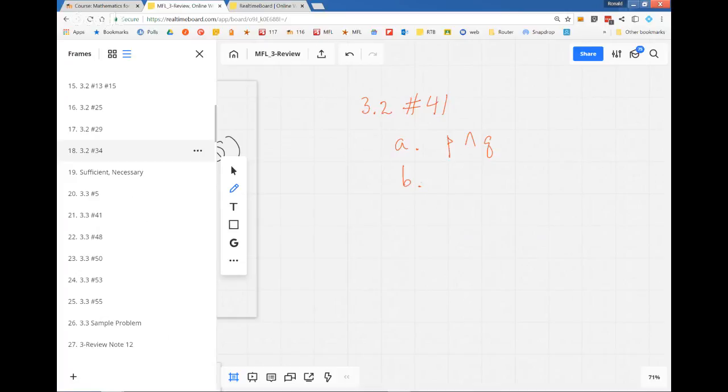Under which conditions is the statement Maida is blonde and 6 feet tall false? P or Q? Well, what they're saying is when is P and Q false? When one is true or the other?